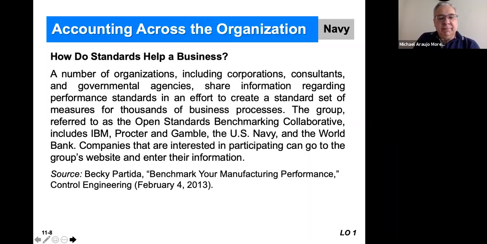It's nice when it's higher than that. And like I said, all types of industries have standards. You can look at the Open Standards Benchmark Collaborative, a group that includes companies and organizations like IBM, Procter & Gamble, the US Navy, and the World Bank. They all set standards and standard costs. That's how they become efficient, and how they measure efficiency and performance.